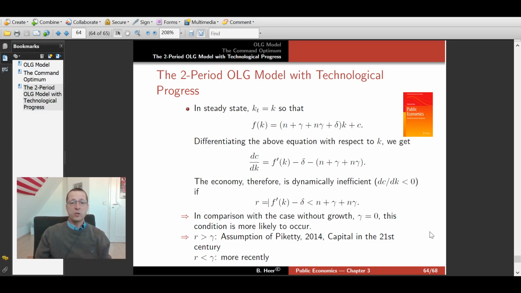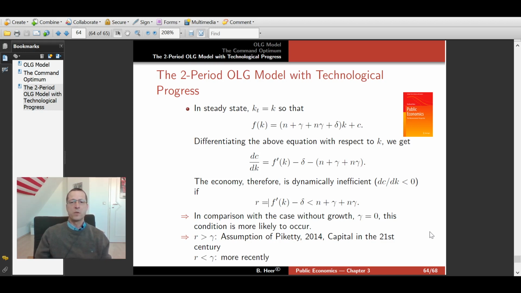So this question, whether the real interest rate is higher or lower than the economic growth rate, is a central issue of economics and has occupied economists, especially growth economists like Robert Solow or Carl Christian von Weizsäcker in the 60s and 70s and nowadays. And it's crucial to determine whether Piketty is right or whether our economy is efficient or inefficient.